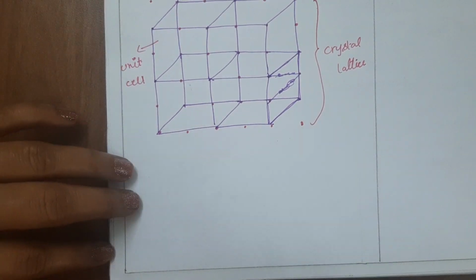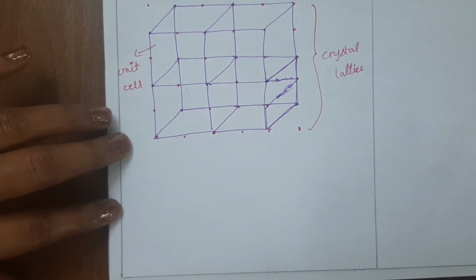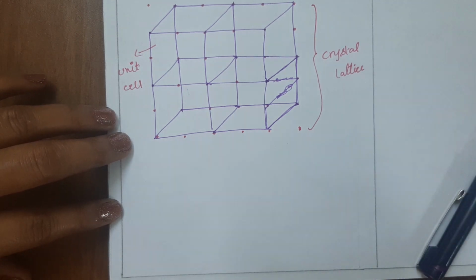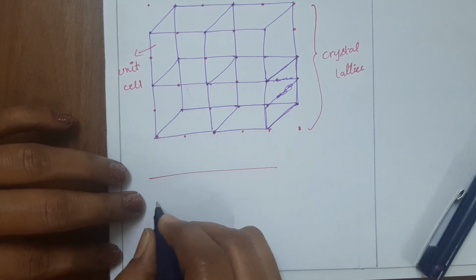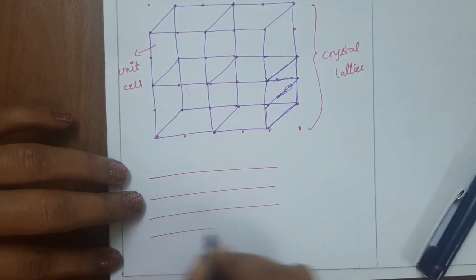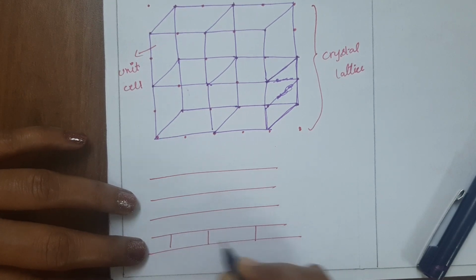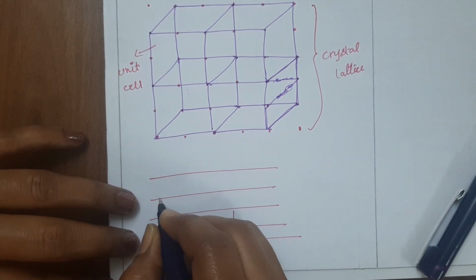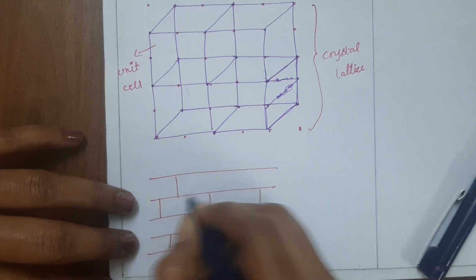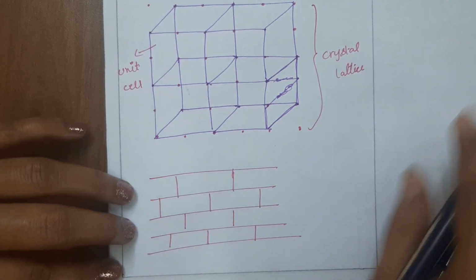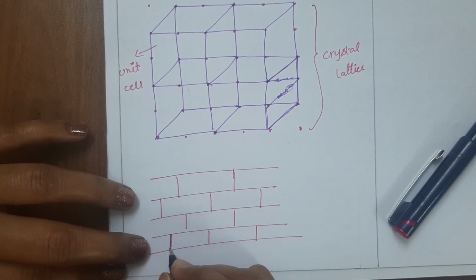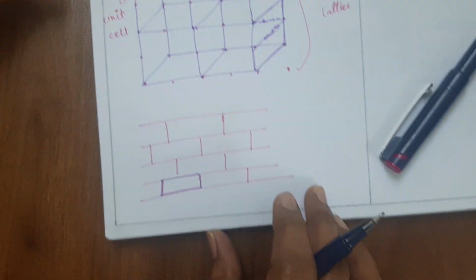And we can explain the unit cell with a general example also. So take a wall. Suppose assume a wall. How can we construct a wall? With the help of bricks. So these small units, that means these bricks, are called unit cells for a wall.